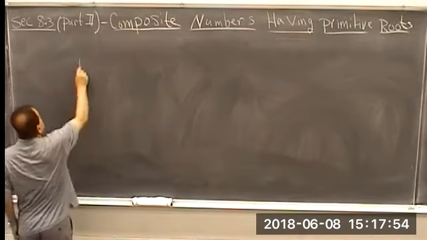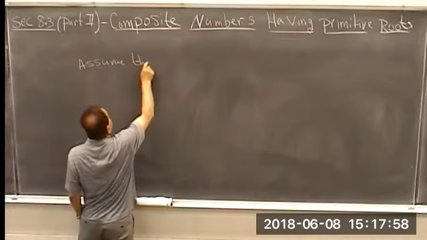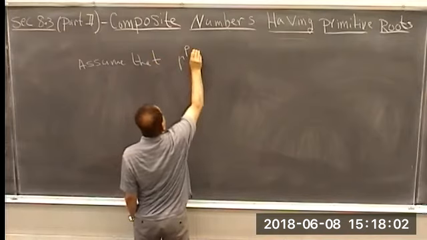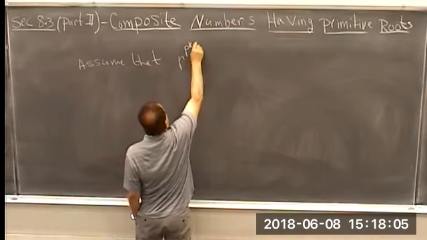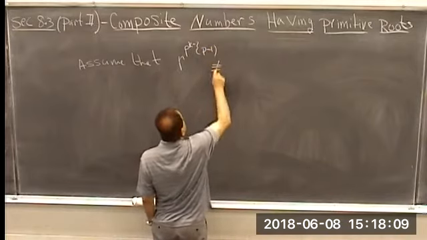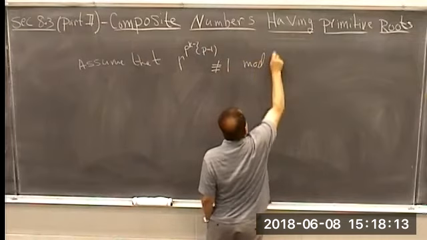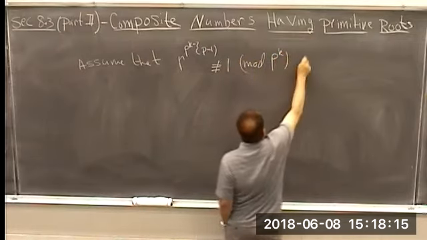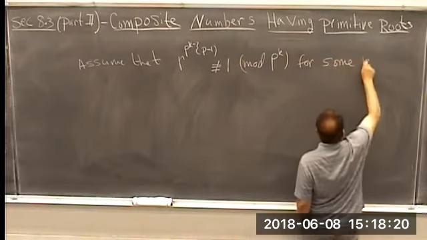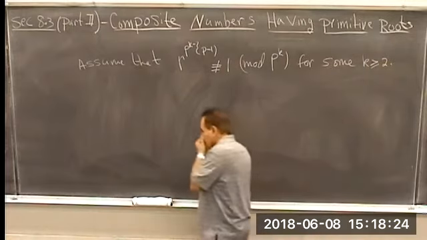Let's assume that r to the power p to the k minus 2 times p minus 1 is not congruent to 1 mod p to the k, for some k bigger than or equal to 2.